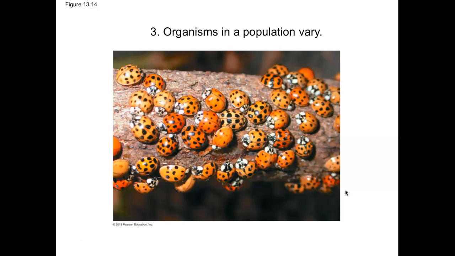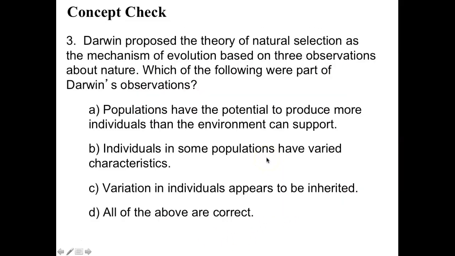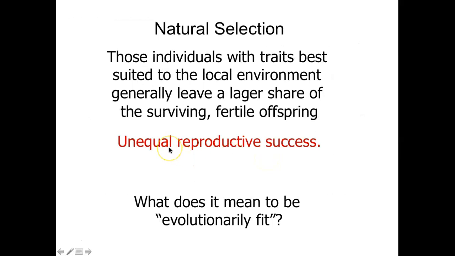No, right? Because there are going to be lots of factors that come into play, like which ladybugs are going to be healthy, get a secure home, different things like that. So we're going to have to say that all those ladybugs are not going to be able to reproduce equally. So there's unequal reproductive success, which is what natural selection is, right?